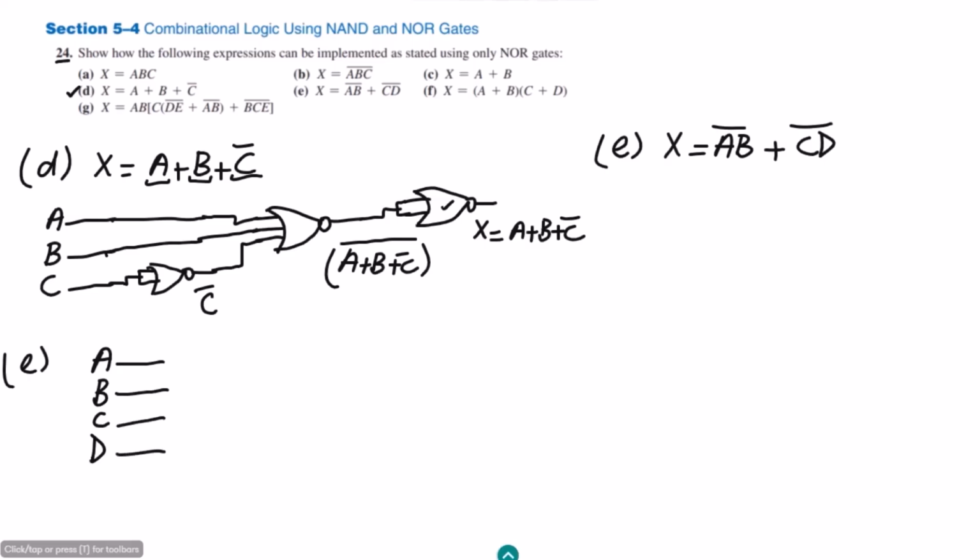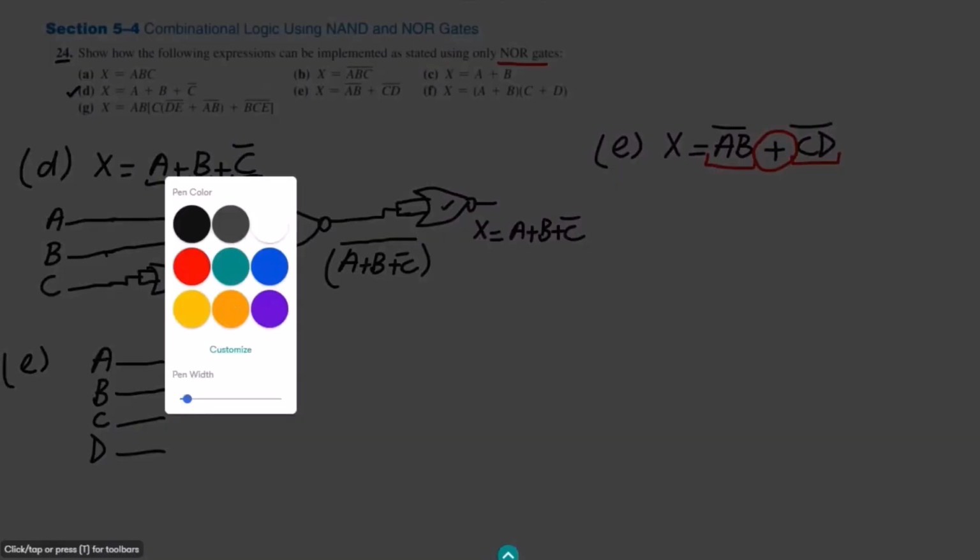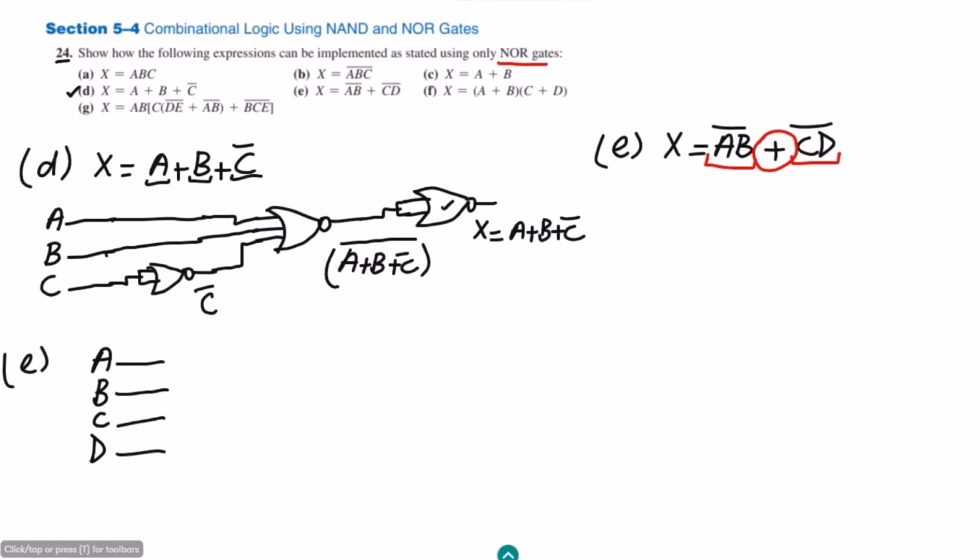Let me first use them in such a way that initially this term will be found out, and then this one. At the end we have to add them together, and all of these operations will be carried out by the NOR gate. Let me first draw 2 NAND gates. This is the first, this is the second NOR gate. The 2 inputs of it are combined together, and these are given to this one.